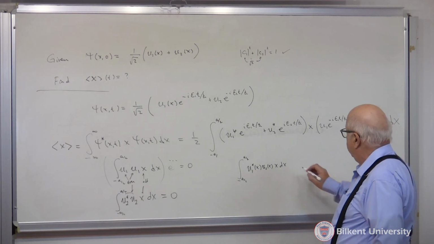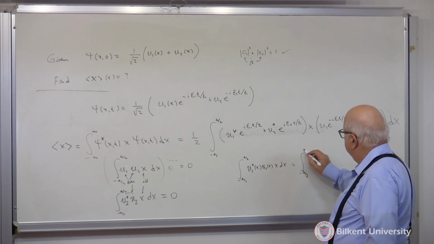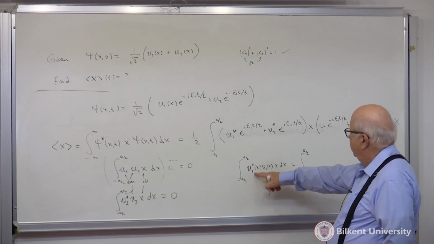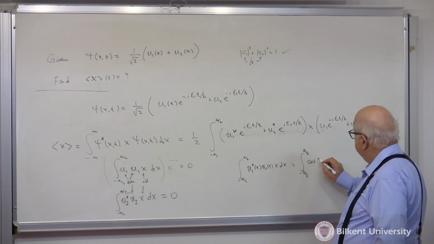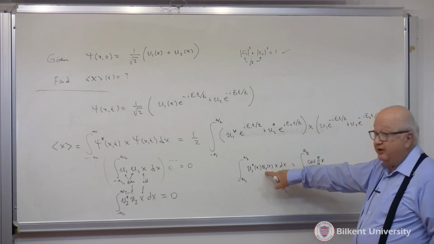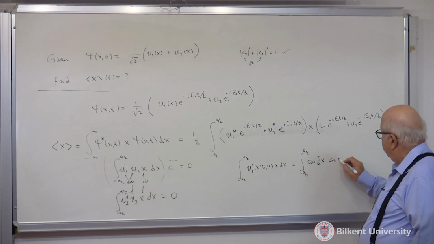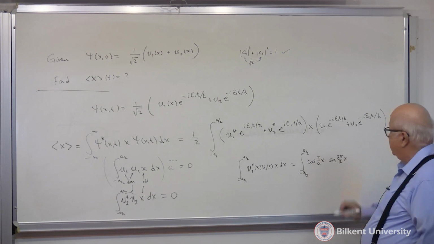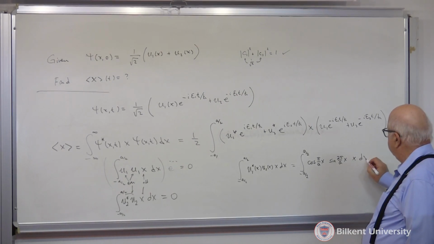Let me write down the functions. u1, remember, is the cosine function, cosine of pi over a x. u2 is the sine function, sine of 2 pi over a x. And then I also have the x and dx.